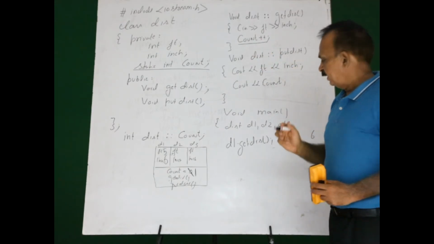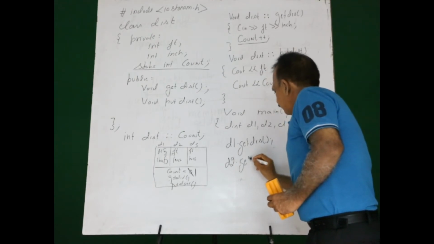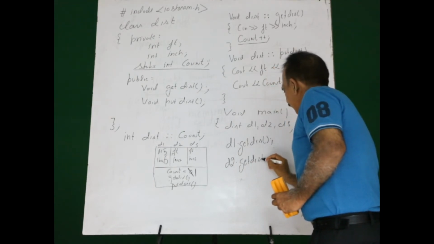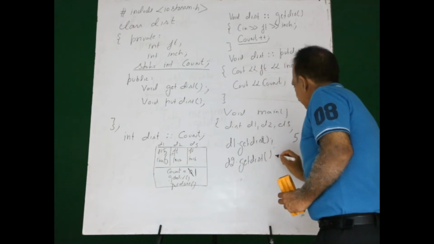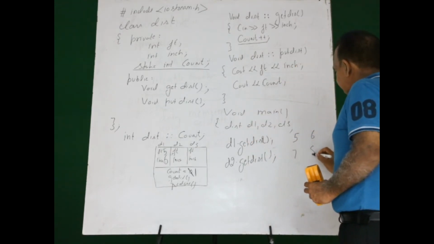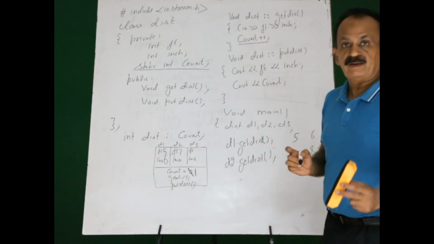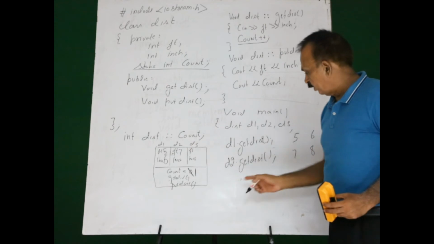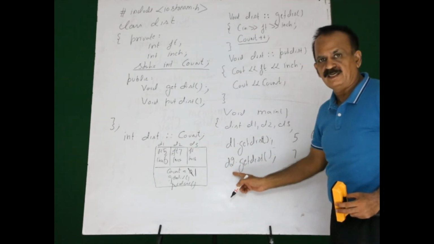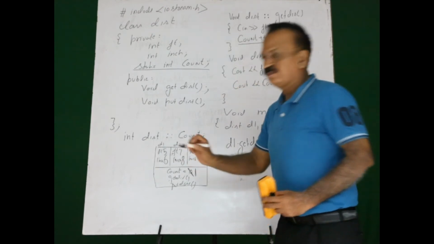The next step, if I say d2 dot get distance, and the process is another input, say this time the input is 7 and 8. This 7 will be stored in this one. Why is it stored with d2? Because the calling object here is d2. And this 8 will be stored here.